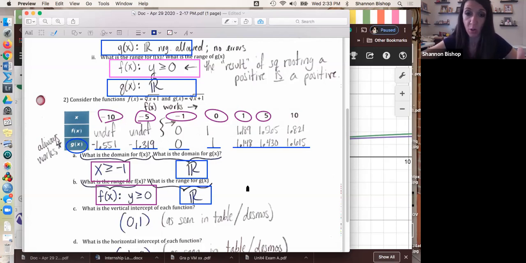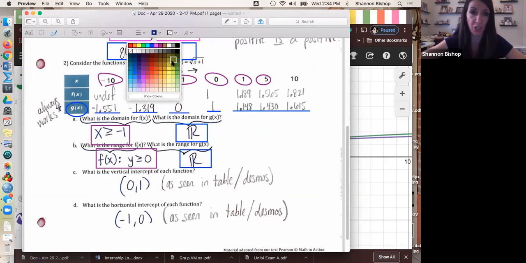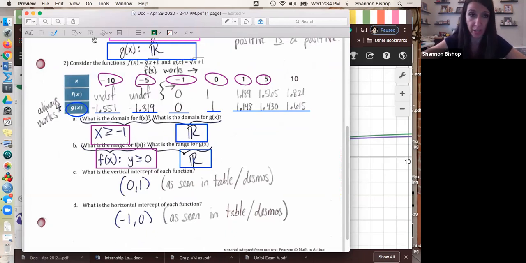Okay, and then the vertical intercept, by the way, you can look at your table. The vertical intercept means you plug in 0. By definition, I don't care what chapter you're in or what class you're in, for the vertical intercept, you just plug in 0. So that would be this line right here. Plug in 0 and you get 1. So that's this.